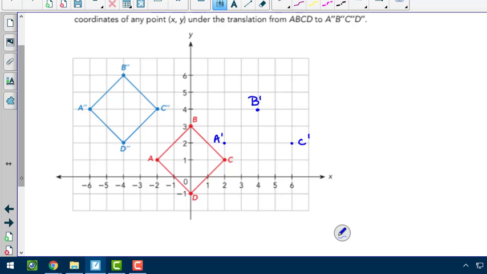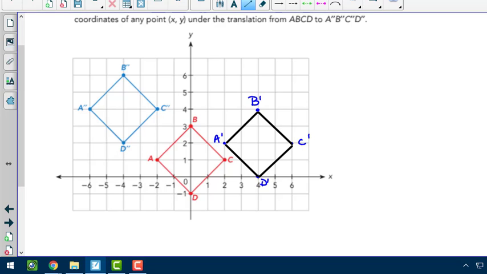And D prime was 4, 0. So make sure you got all those prime marks. Then using a straight edge, please, connect those points, A prime, B prime, C prime, and D prime. And you can see that I have a similar shape. So that's what the graph paper would look like with those on it.